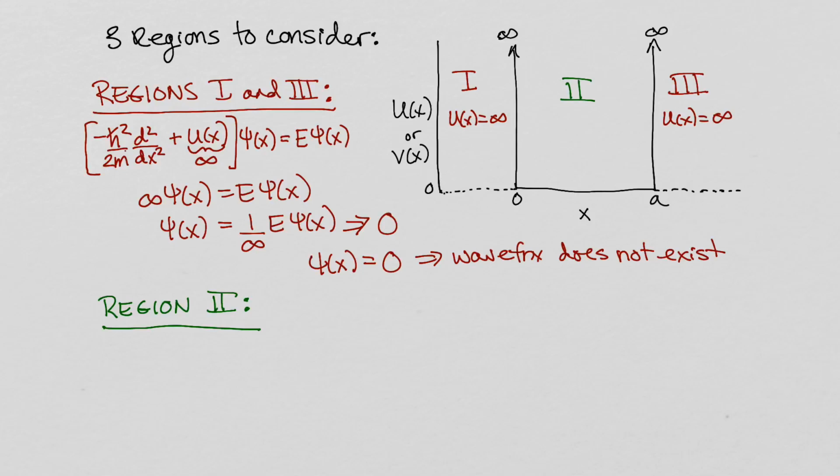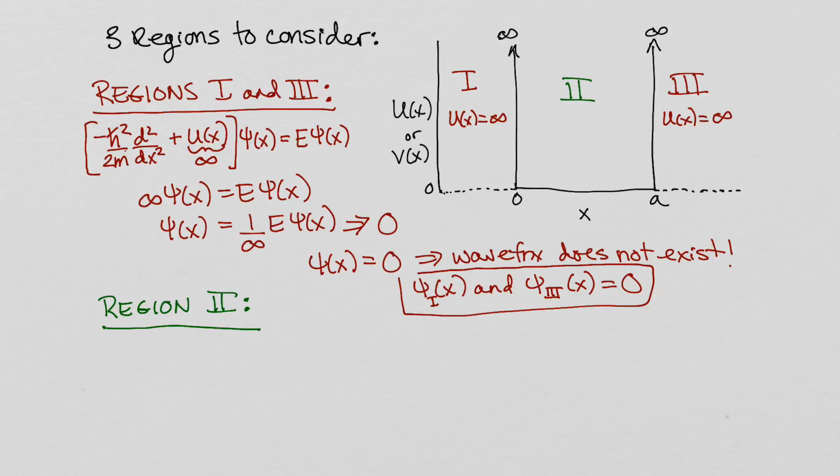It's just not a very interesting problem. Okay, so in regions 1 and 3, our wave function is 0. So for region 1 and for region 3, we have no particle.